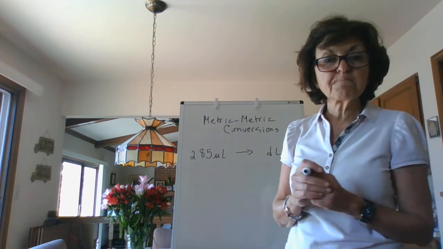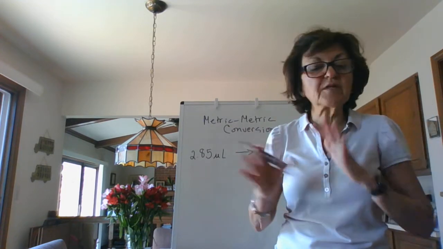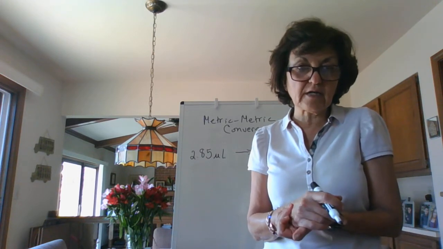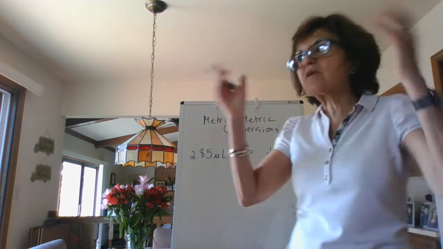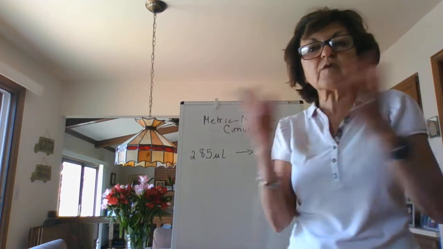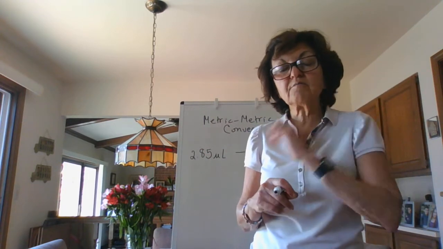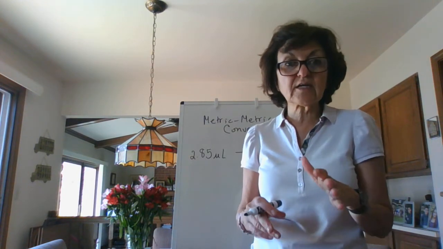Now, many of you can do this in your head, but let me just show you how to do it correctly using dimensional analysis. And rather than get confused about whether I move the decimal this way or this way, try to use exponents. It will be foolproof once you learn the technique.